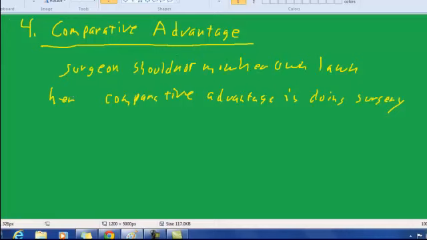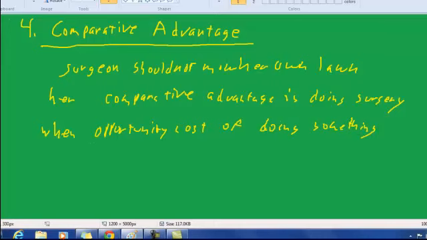Okay, so let's get a definition, and we'll throw in the other jargon of opportunity cost. When the opportunity cost of doing something yourself is high, then pay someone else to do it.